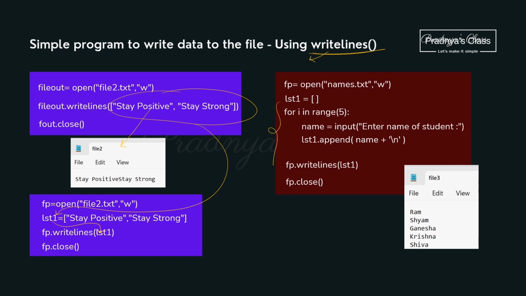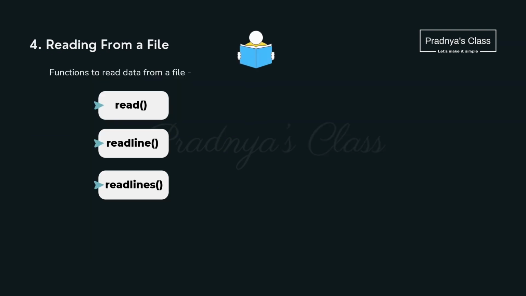Using a for loop, you can take list elements one by one. For that, we have created one empty list, and using the append function, we add names to that list. To write names on new lines, we have concatenated \n to each element of the list. Look at the output.